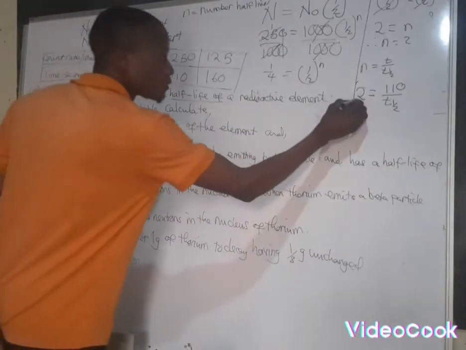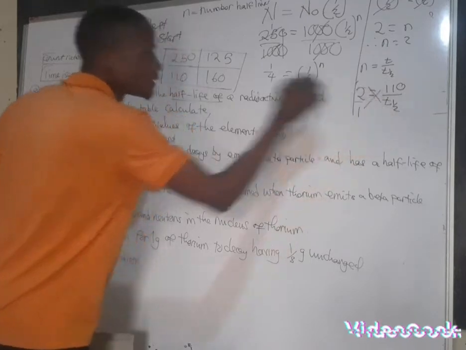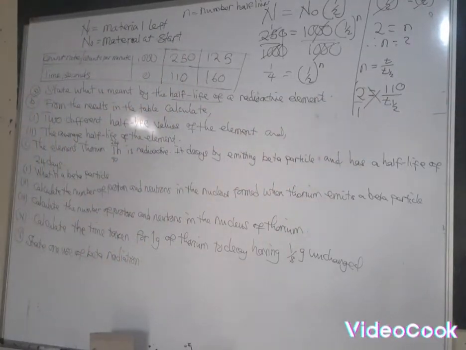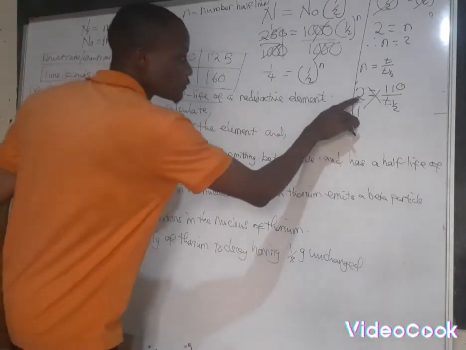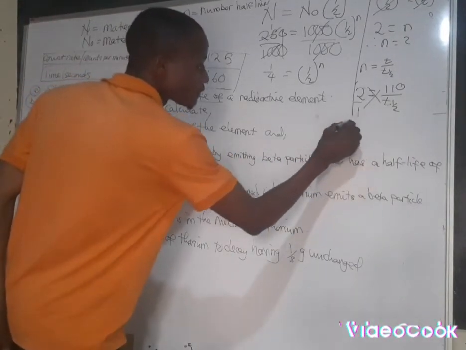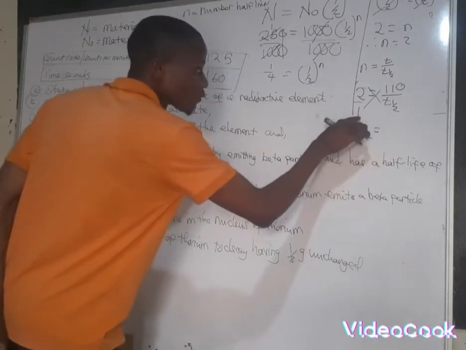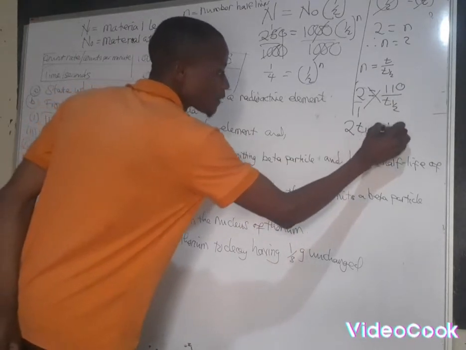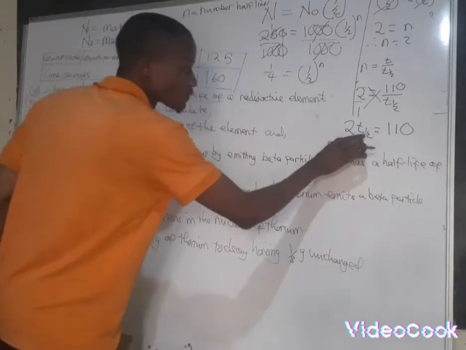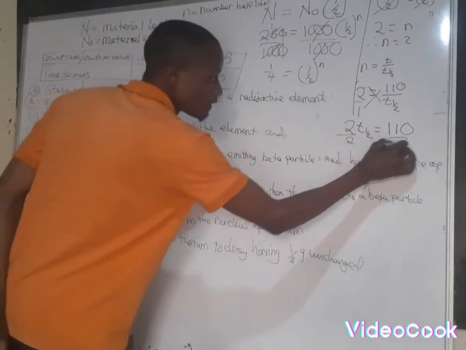Then you raise this as a fraction and cross multiply. So when you cross multiply, you have 2 times 1 half-life. You have 2 half-life, which is equal to 1 times 110, which is 110. To find the half-life, divide by 2, divide by 2.